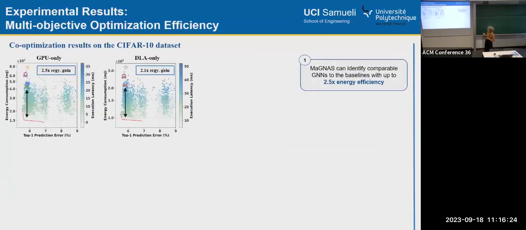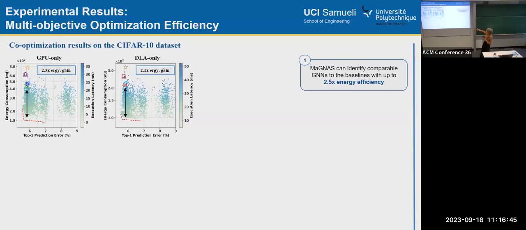All right, so now we're going to show the results of our framework regarding the multi-objective optimization efficiency. First of all, we show how the scaling of the GNN architectures provides better results than the baseline. Here, we take the results of the outer optimization engine on the one-device mapping only, on the GPU only, and on the DLA only mapping.